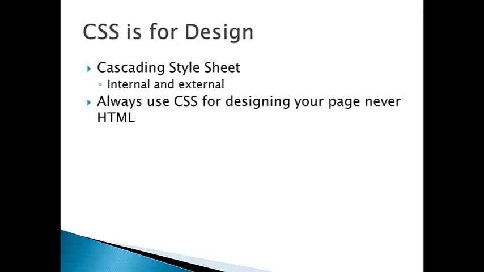So what does that mean? Well, if we wanted specific text to be a different color, if we wanted it to align differently, if we wanted images to appear certain ways, we would do this in the style sheet.